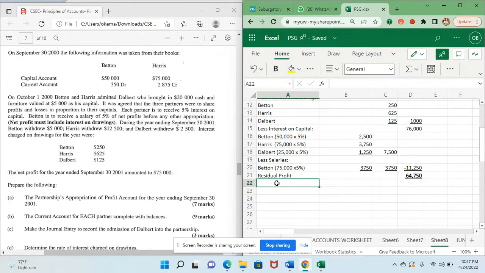And we still have to do our share of profits, because we now have to divide this profit among each partner, right? Or among the three partners. So in the same order, Baton, Harris, and Albert.